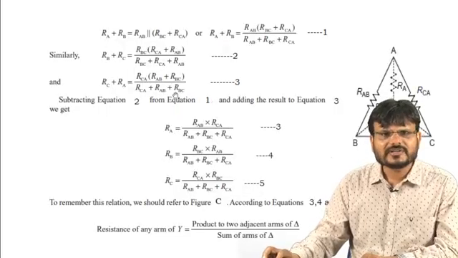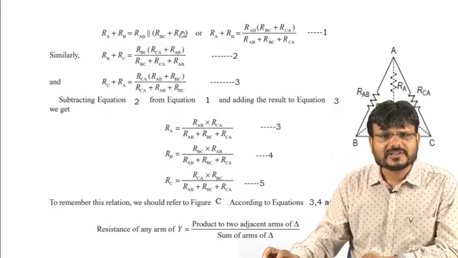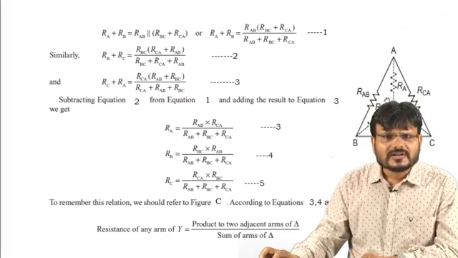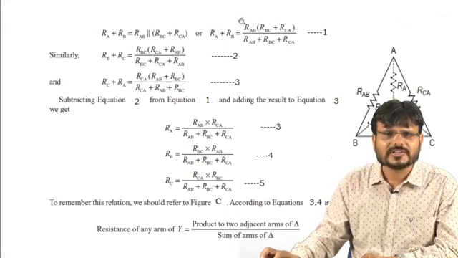RAB in the star connection can be calculated this way, because RA plus RB is equal to RAB in parallel with RBC plus RCA. You can easily calculate this by simplification. RA plus RB can be denoted by this equation.